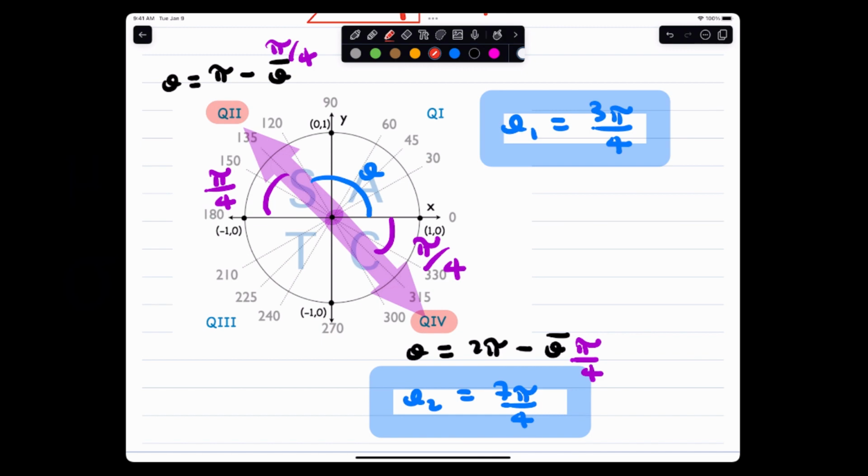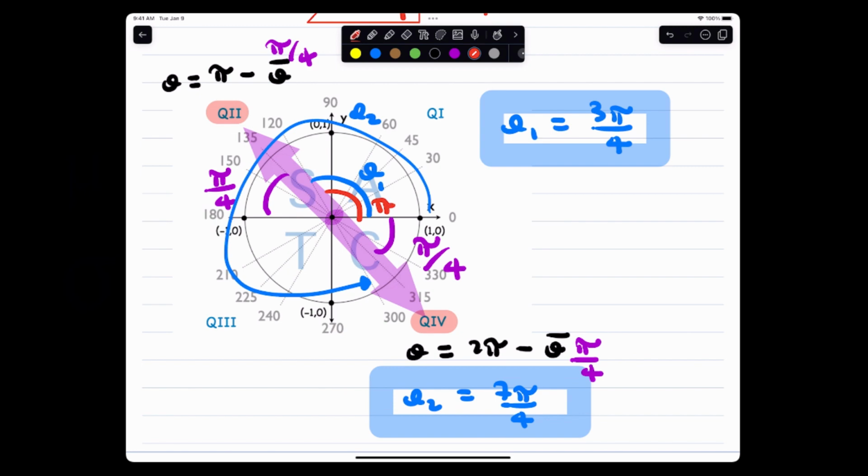And by the way, here's the first solution, and then we'll get the second solution here. First theta, here's the second theta. Note the relationship here.